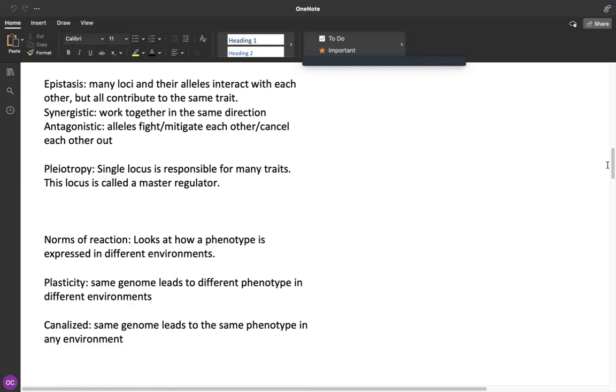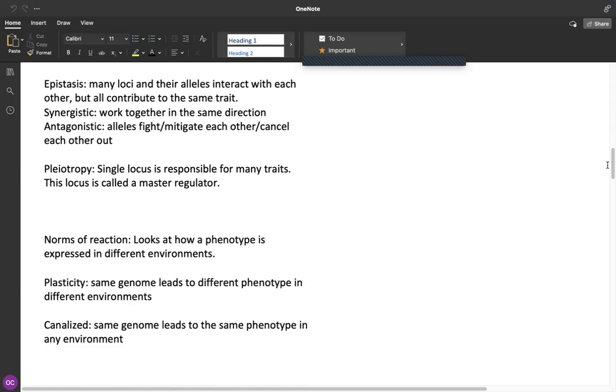And genomic loci can either be synergistic or antagonistic, so they can work together in the same direction and be additive, or they can be antagonists to each other and mitigate each other, or reduce the effects of each other.